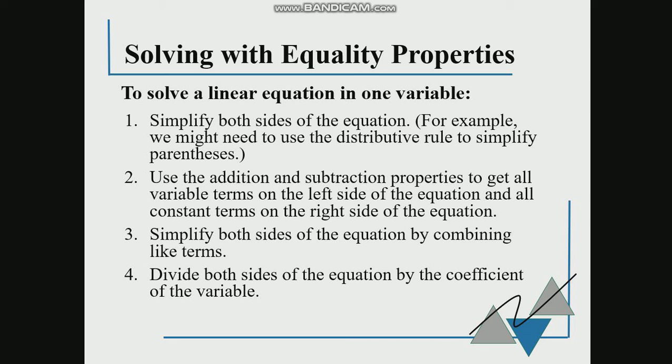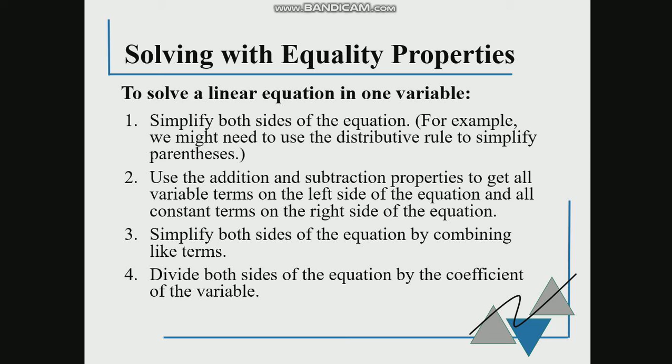Step 2, we want to use addition and subtraction properties to get all the variable terms on the left side of the equation and all the constant terms on the right side of the equation. Then we're going to simplify both sides by combining like terms. We are going to then divide both sides by the coefficient of the variable.